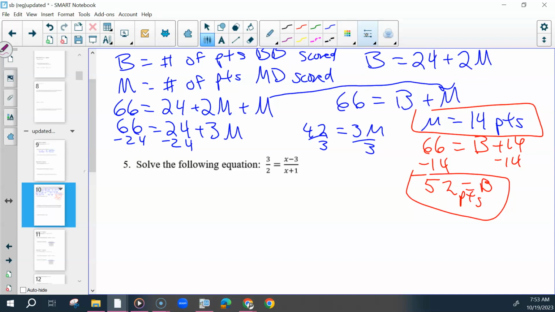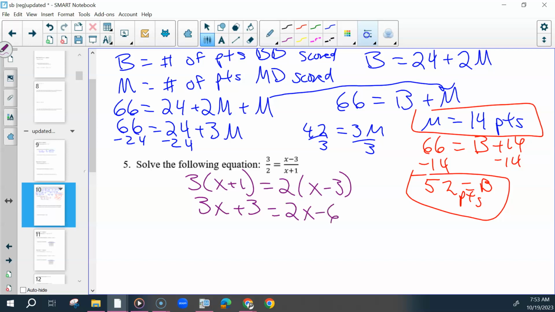Alright, for number 5, what's the first step? Yes, cross multiply. So this would be 3 times x plus 1 equals 2 times x minus 3. If you did not cross multiply, you need to restart this. So 3x plus 3 equals 2x minus 6.